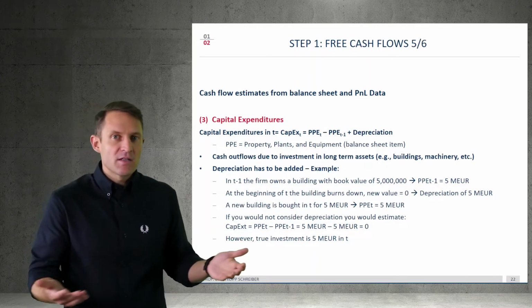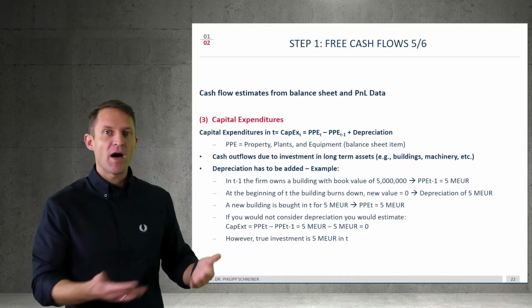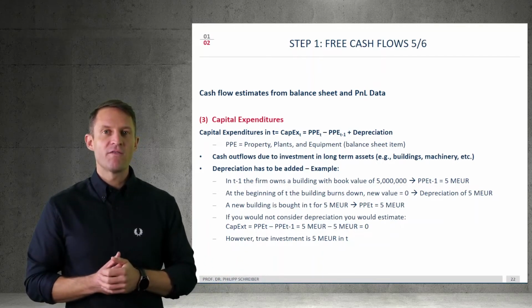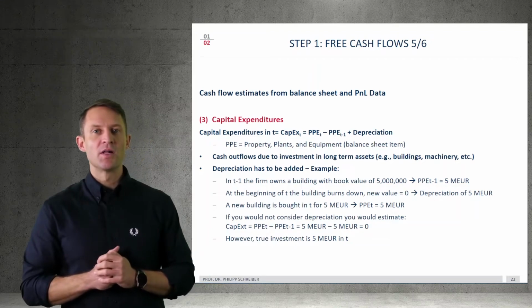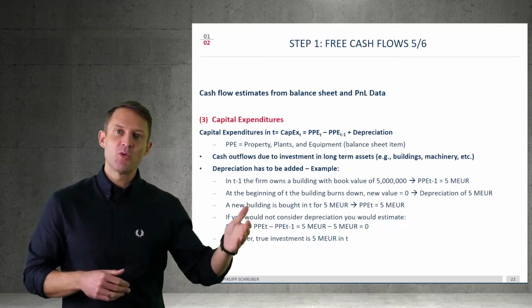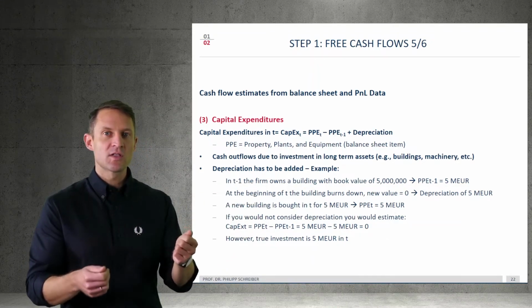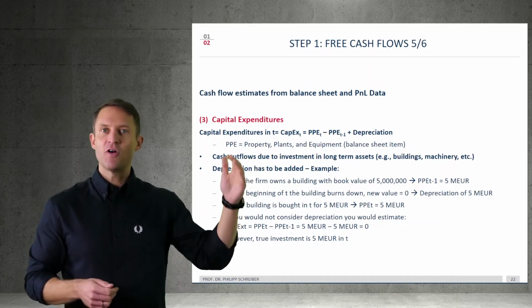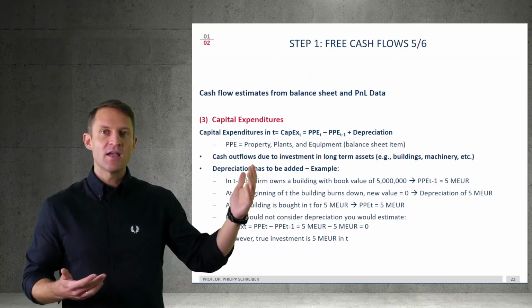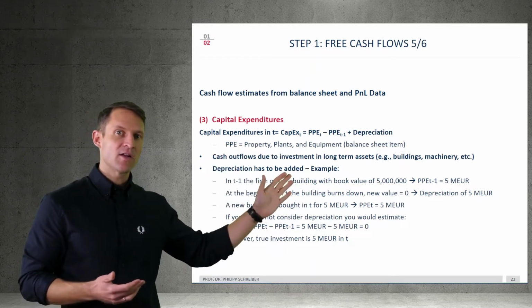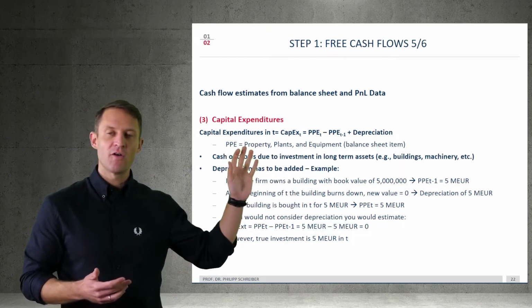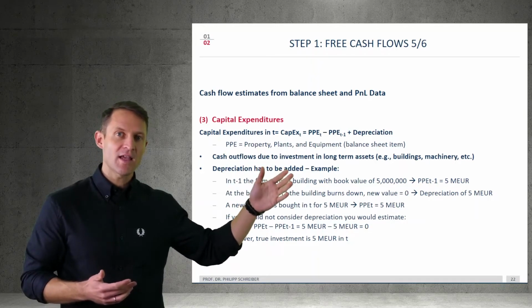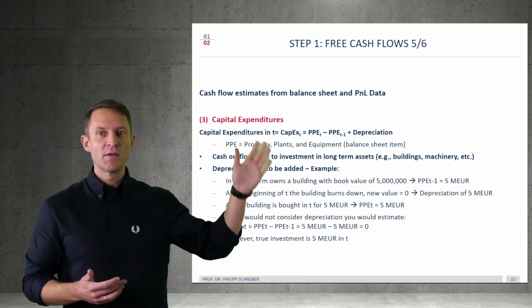But they need a building, they need to work. So they are buying another building with a value of 5 million and they're spending 5 million on this new building. Then at the end of year 1, if you check the balance sheet, you see a building with a value of 5 million. And you might say nothing has happened. At the end of year 0 and at the end of year 1, we have one building with a value of 5 million. So you would forget that it burned down and was rebuilt.